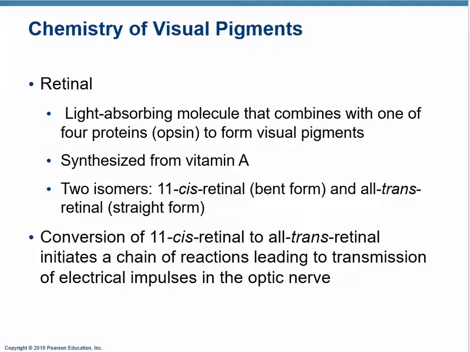So when you go from cis to trans, you end up with some reactions, and that leads to action potentials in the optic nerve. It's rather simplistic, but it's really all that you need to know, is that somehow light causes this thing to change from its cis form to its trans form, which then sets off a series of reactions that leads to an action potential.